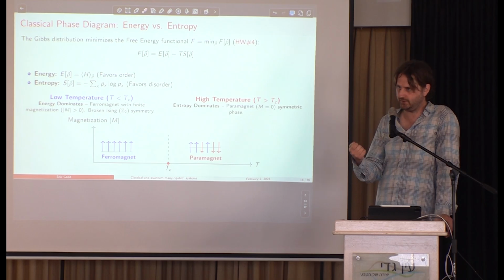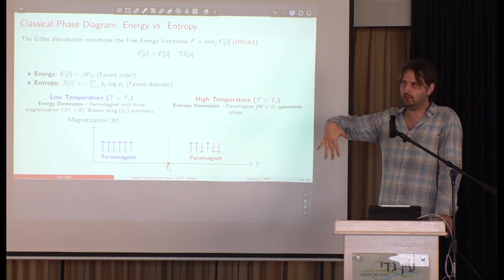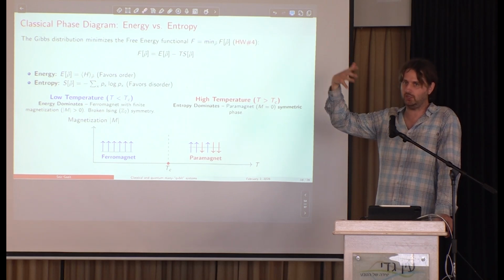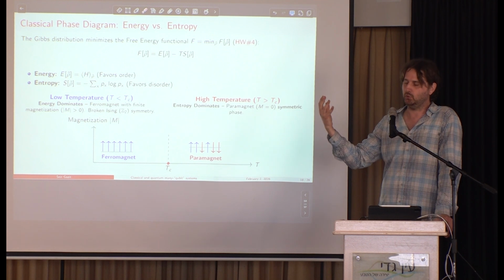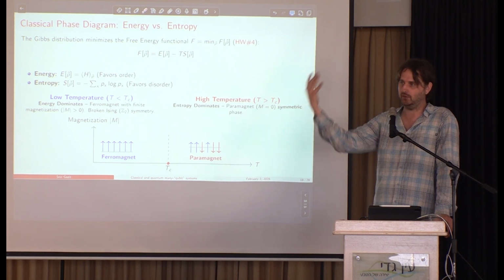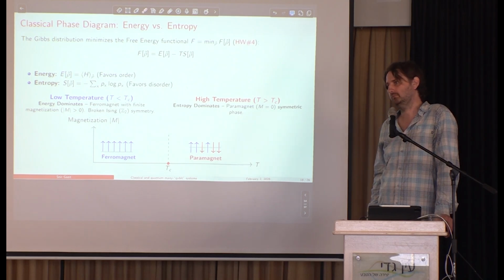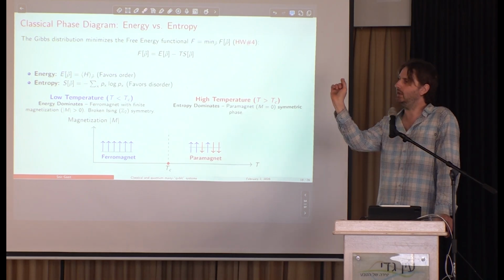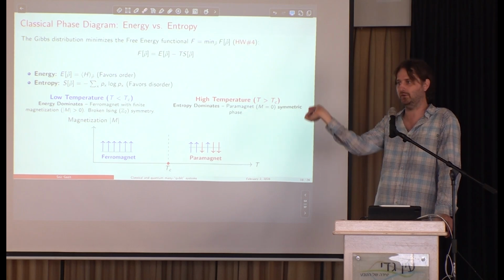What's happening physically is that the energy barrier to go between all up and all down is humongous. It grows exponentially with the system size. It would take you the time of the universe to tunnel or to move from one to the other. So the symmetric point is unstable, and you would collapse to one of those.